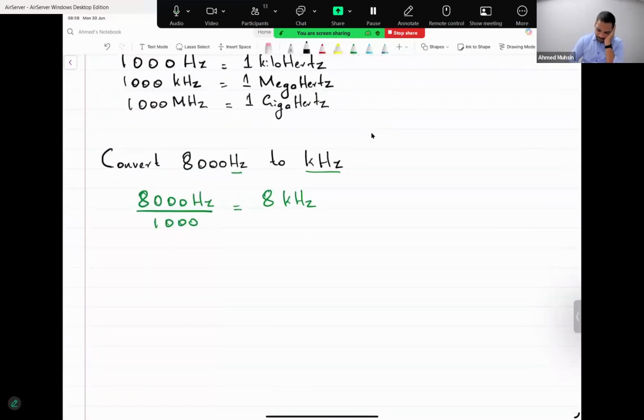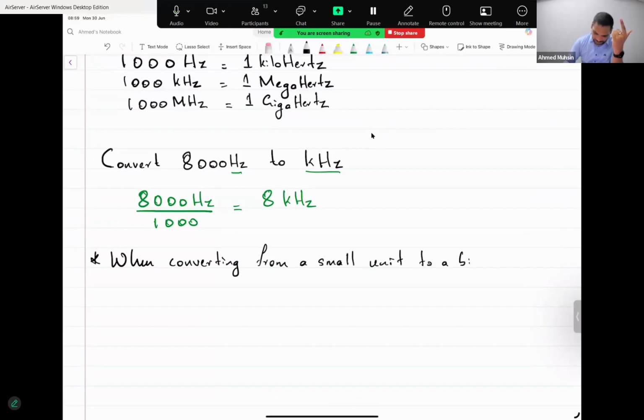When converting from a small unit to a big unit, we must divide. Everybody okay with this? Now everybody get this down below. When converting from a small unit to a big unit, you have to divide.